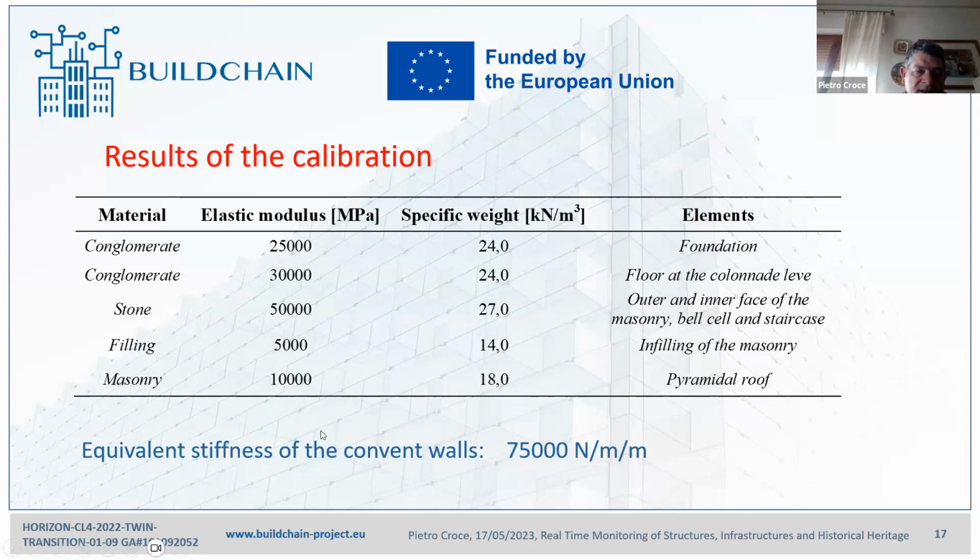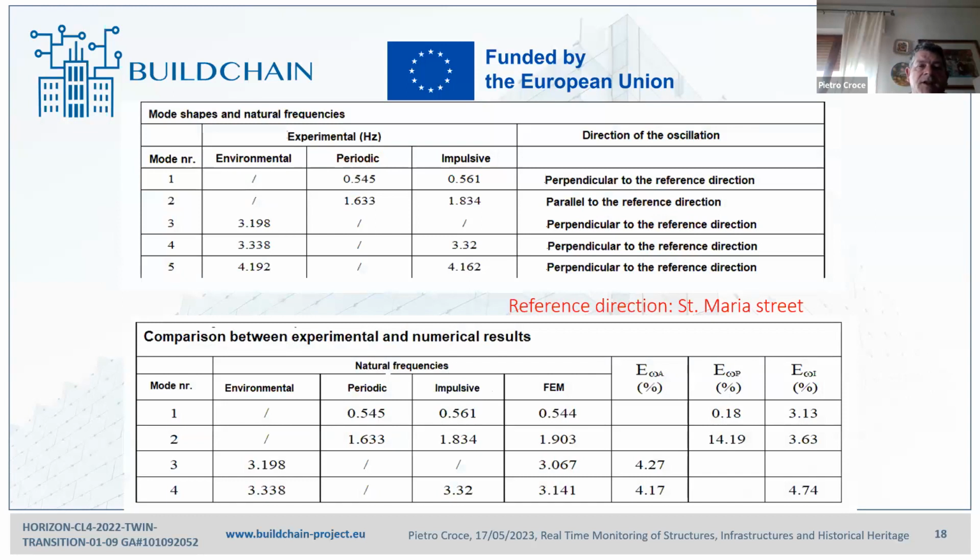And what is important is the equivalent stiffness of the convent walls, which was necessary to model in order to catch also the natural frequency and the modal shape of the second frequency.